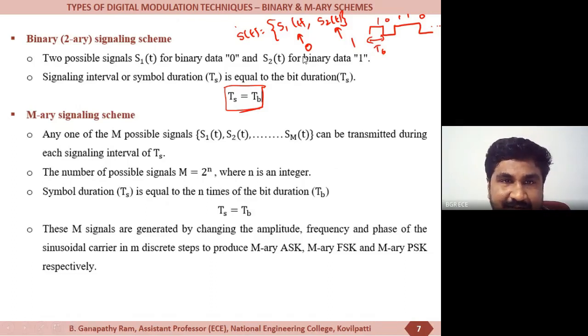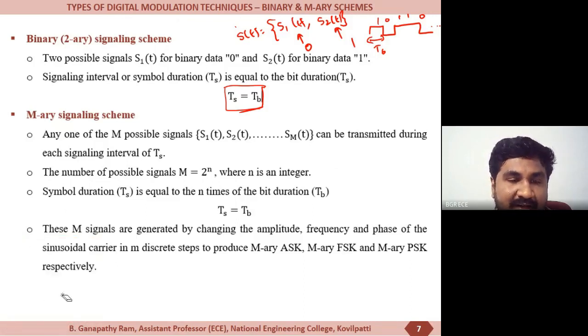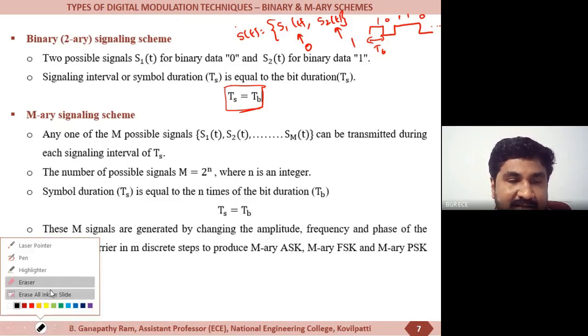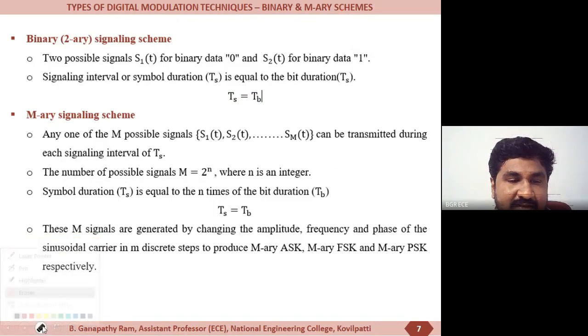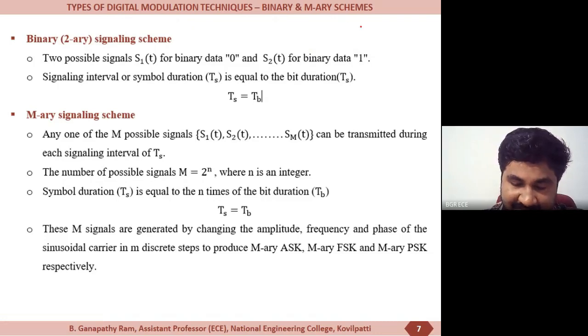Whereas the binary transmission scheme is otherwise called the two-ary transmission scheme. If we go for higher order M-ary values, it will be represented by 2 to the power of n-ary signals.